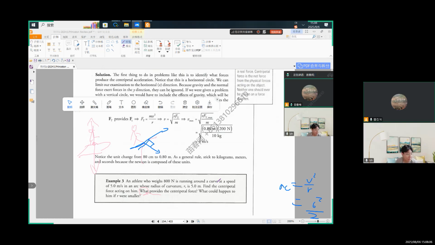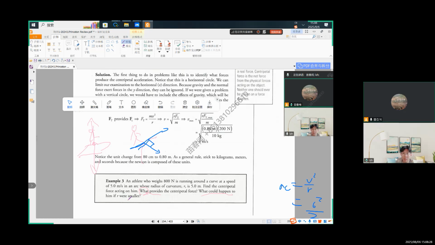The next question, what could happen if R were smaller? For example, if the radius was like 1, then the acceleration would be 25 meters per second squared. You could go faster, and therefore the centripetal force would be stronger.